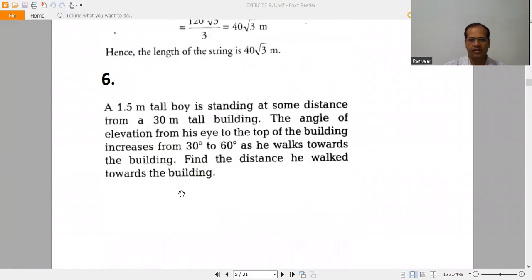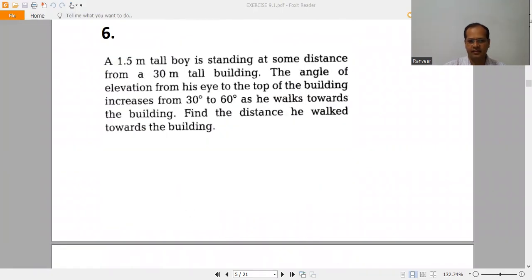Now, question number 6. A 1.5 meter tall boy is standing at some distance from a 30-meter tall building. The angle of elevation from his eye to the top of the building increases from 30 degree to 60 degree as he walks towards the building.